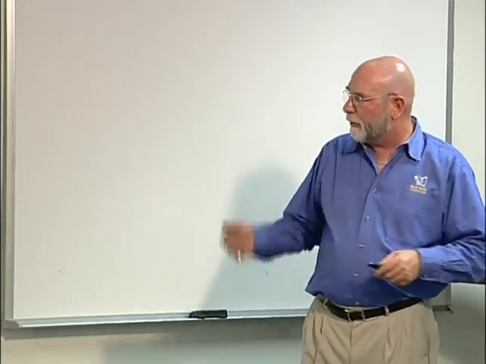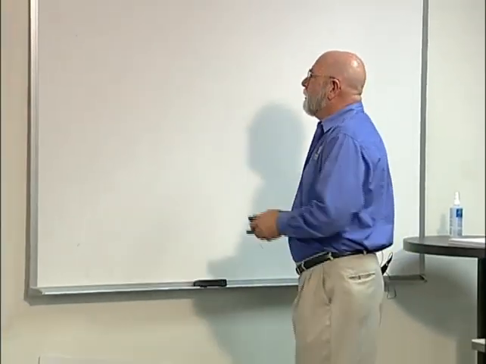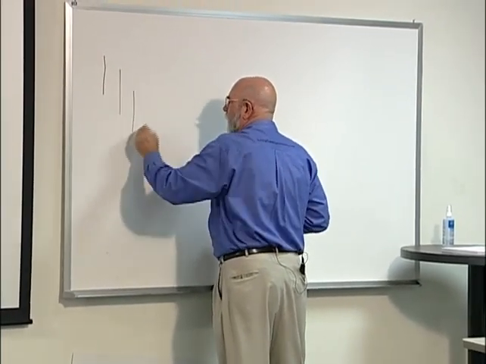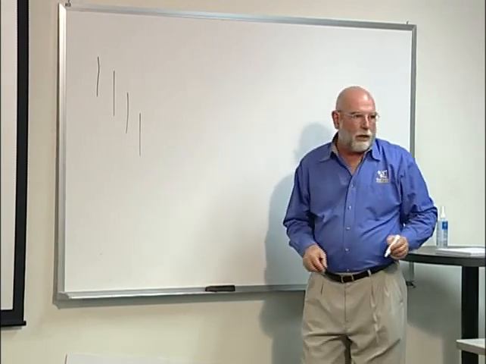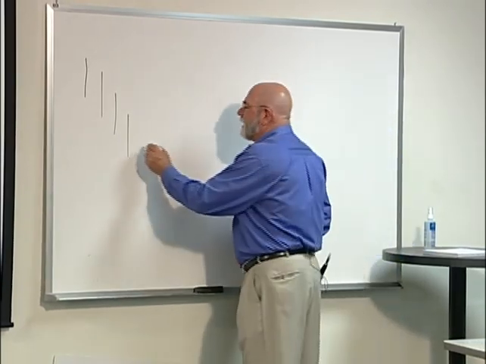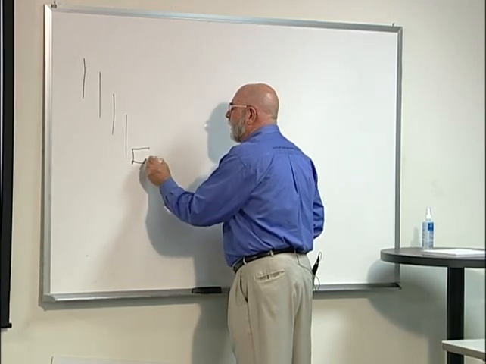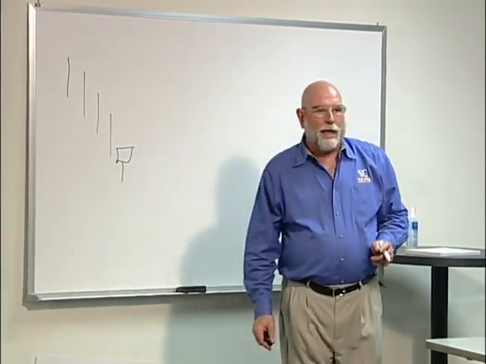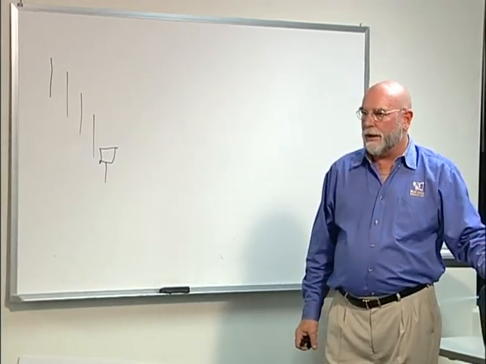Now, I made them purposely gray so I can put them up here on the board for you. The hammer ends a downtrend. So therefore, we know that we must have a series of lower highs in conjunction with lower lows to have a downtrend. If we then see this formation at the bottom, this is a trend reversal and the end of a downtrend.